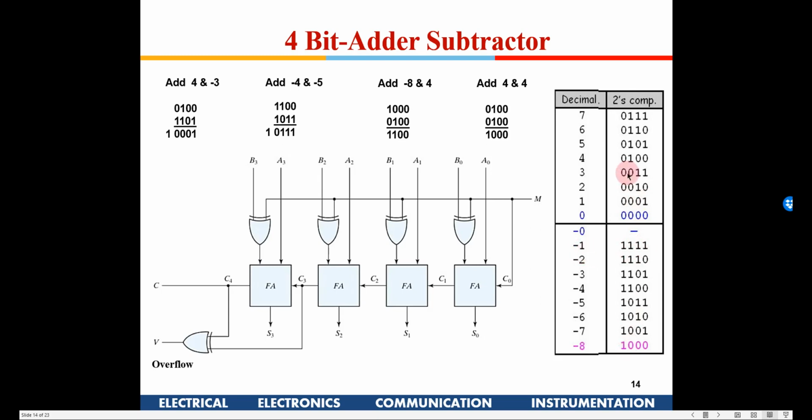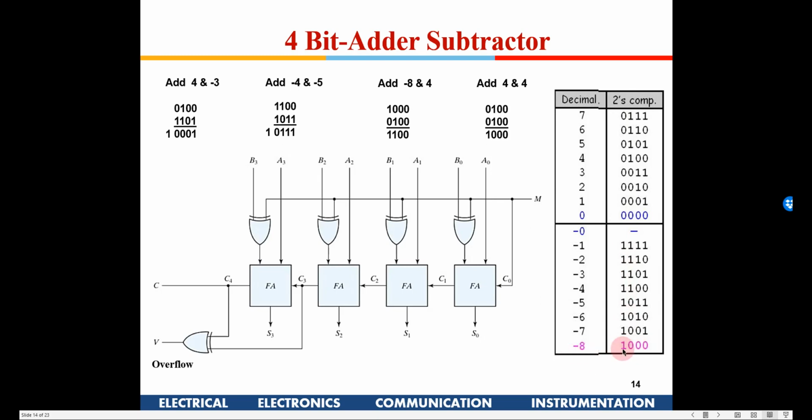Similarly if I go to 7, it is 0 1 1 1. If I invert it, it will become 1 0 0 0, and then if I add 1, it will become 1 0 0 1. So -7 is represented as 1 0 0 1, and 1 is represented by 0 0 0 1. Here in the 2's complement number, the first bit indicates the sign, and -8 is represented here.